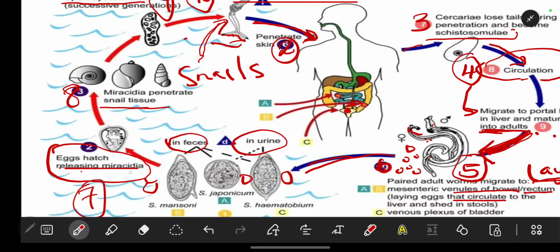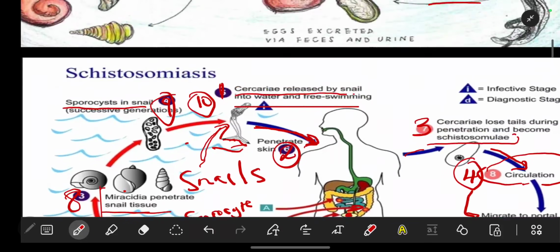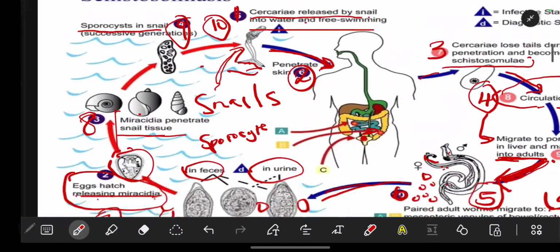This miracidia will be able to penetrate the snail. When it penetrates the snail, it will turn into sporocytes, which later become what we call Cercaria, and the process continues like that.